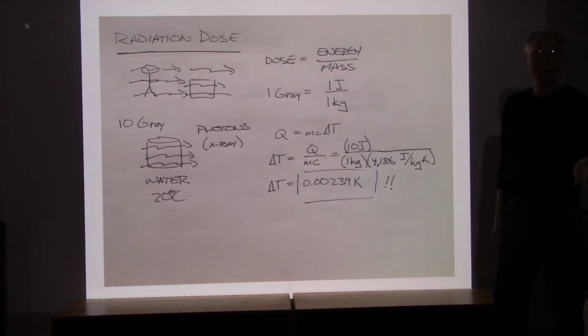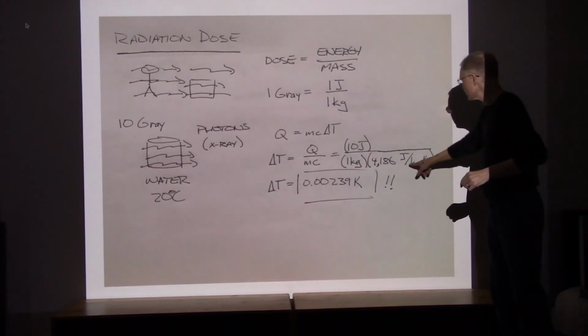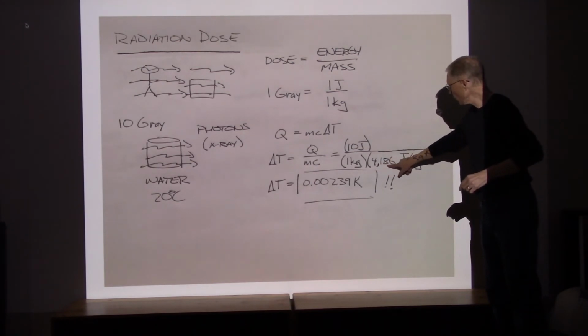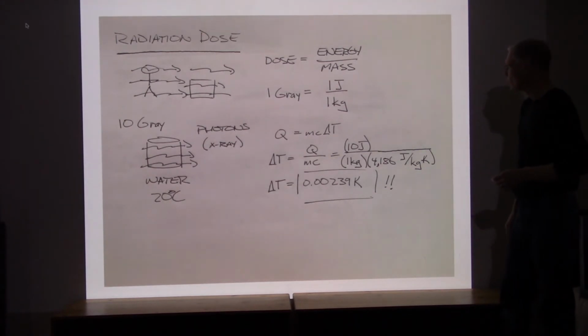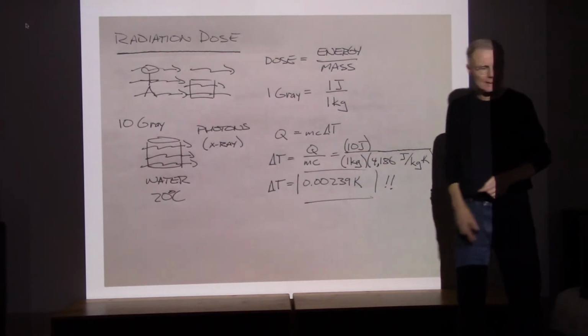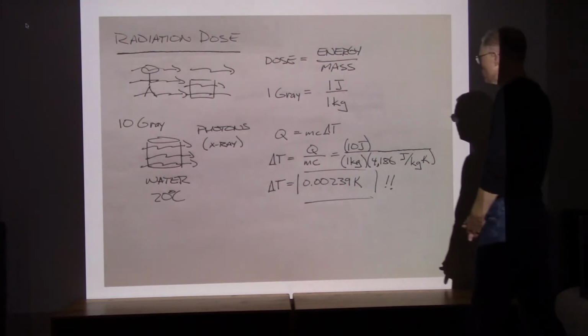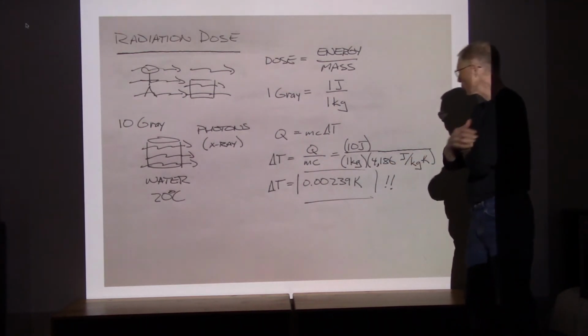So the only other thing I have to put in besides the dose is the specific heat. Now that's 4,186 joules per kilogram per Kelvin. And when I calculated it, the ΔT came out to be 0.00239 kelvins. And I did put some exclamation points there.